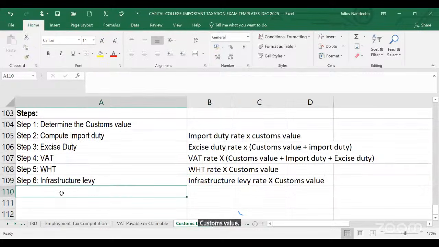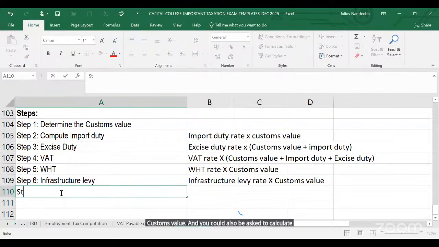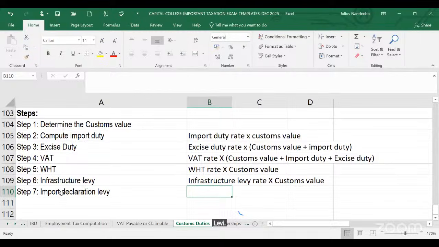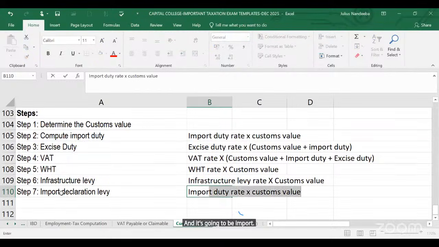And you could also be asked to calculate what we call import declaration levy. This is 1%, and it's going to be import declaration levy rate, which is 1%, times the customs value.